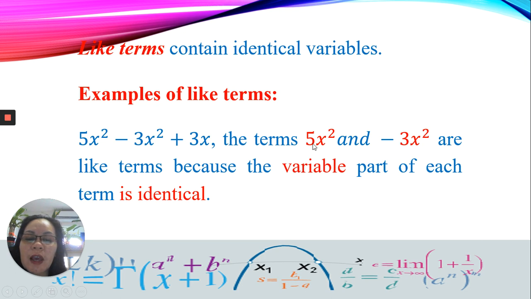You have x squared, and you also have x squared here, so they're the same. Unlike 3x here, we do have the same variable, but we don't have the same exponent, so 3x cannot be a like term with the other terms here, 5x squared and 3x squared. So they can only be like terms if the variables have the same exponents.